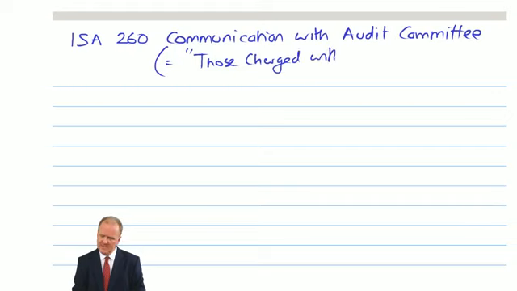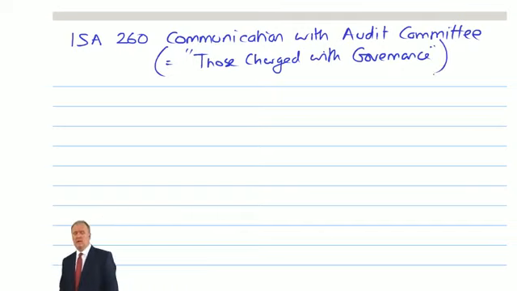Now, as you can tell by the length of my silence, this is an audit standard area which has got a rather long and annoying title. Those charged with governance, for the purposes of your studies, we can assume to be the audit committee. And if your client has an audit committee, presumably because they're a listed company, and you are the auditor, I would imagine the audit committee and you, the auditor, are going to be talking to each other.